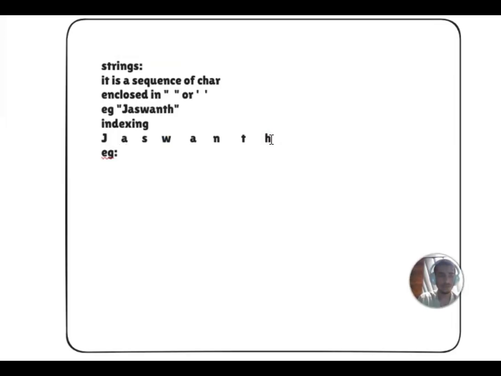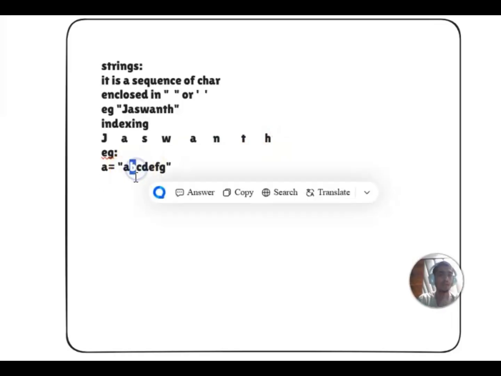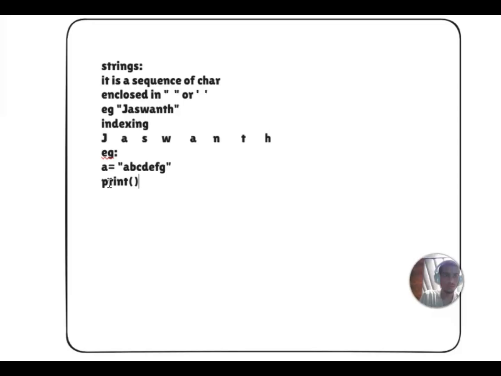Let's have a string variable a and the string as a b c d e f. And if you want to print the b value, let's use the indexing value. The index value of b is 1. You can print the index of b, with the value enclosed in square brackets. As the b index is 1, you can print b.